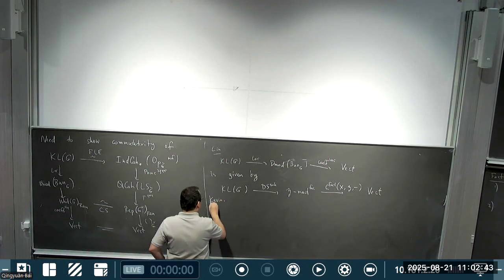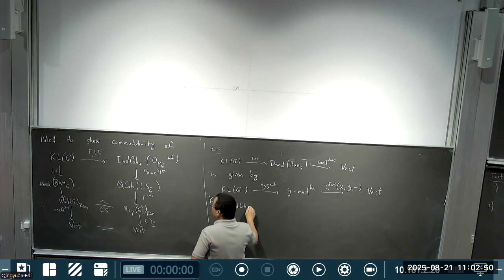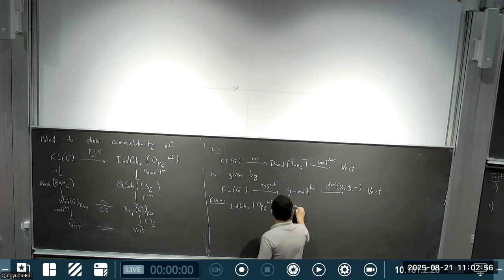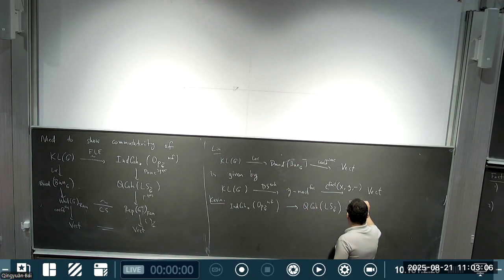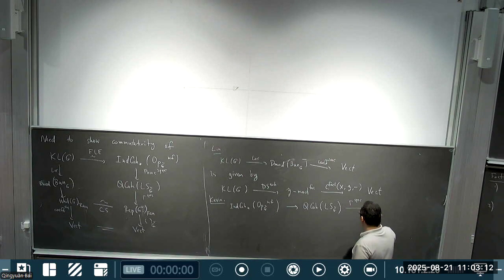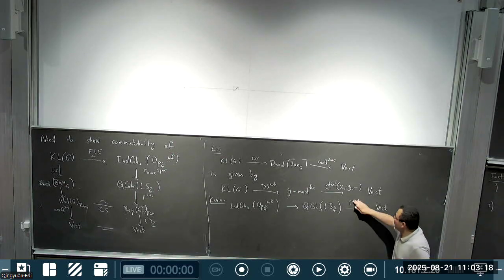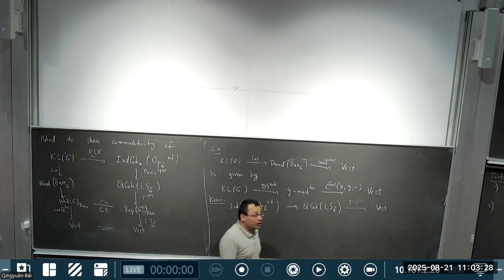And Kevin described what the other composite looked like. Using the notation gamma, that is the functor of global sections.